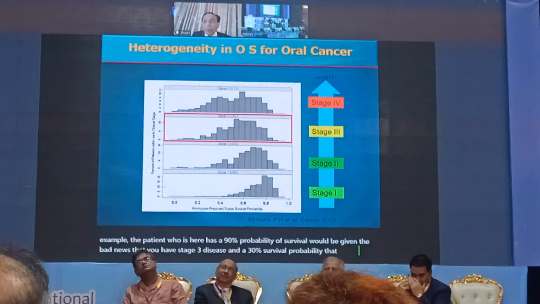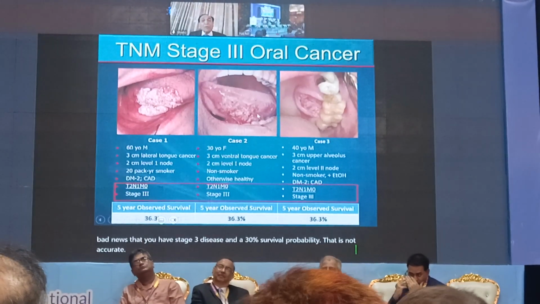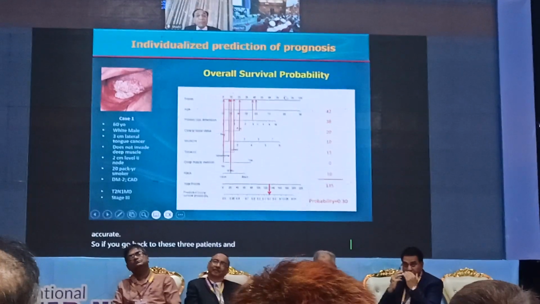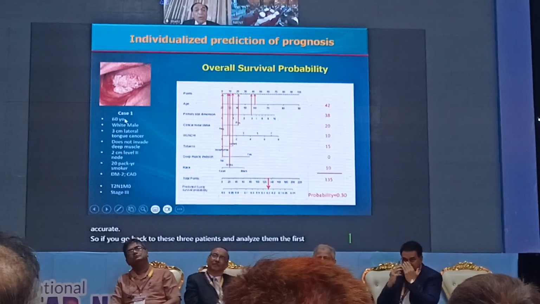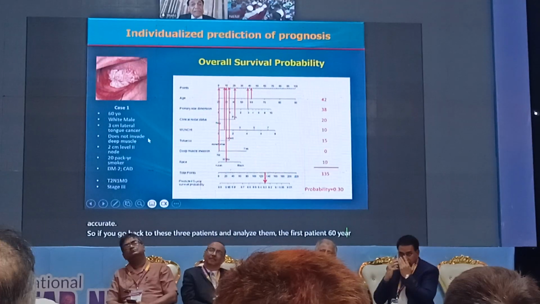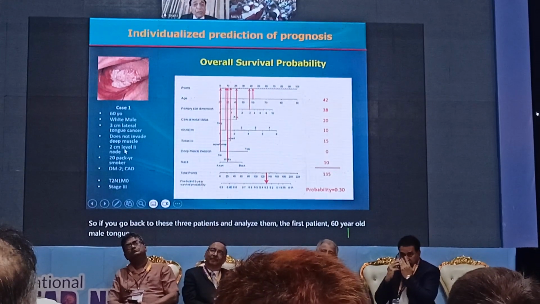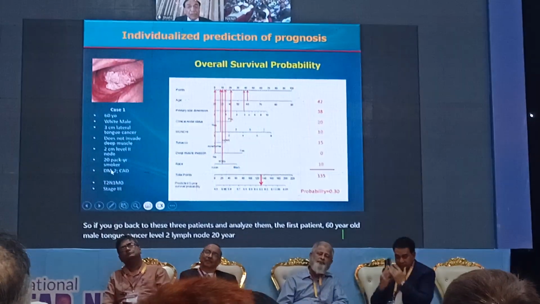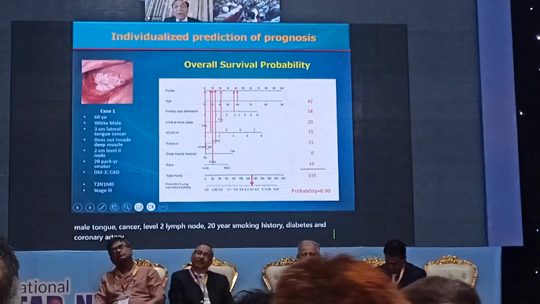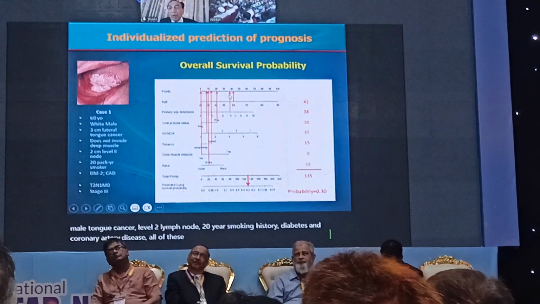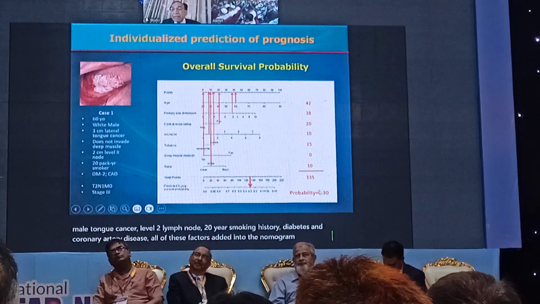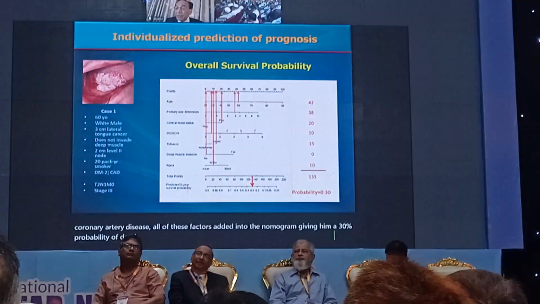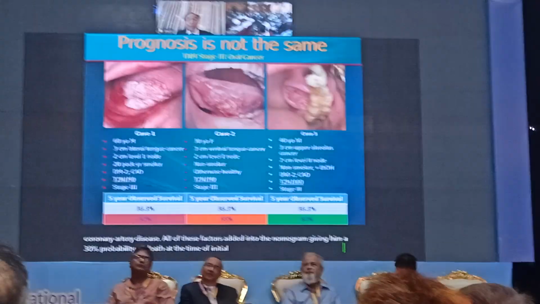That is not accurate. So if you go back to these 3 patients and analyze them, the first patient, 60-year-old male, tongue cancer, level 2 lymph node, 20-pack year smoking history, diabetes and coronary artery disease, all of these factors added into the nomogram, giving him a 30% probability of death at the time of initial diagnosis.